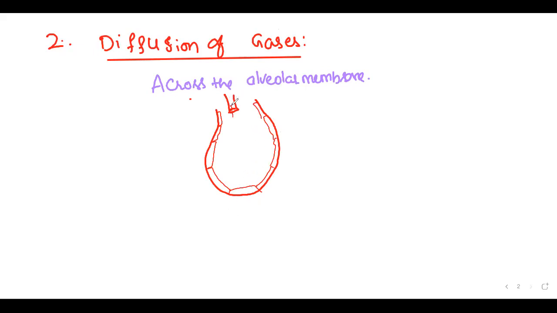Across the alveolar membrane means this is the alveolar duct. We said the alveolar duct, from the last branch of the trachea, supplies oxygen. So where should this oxygen go? It should go into the blood capillaries, isn't it?